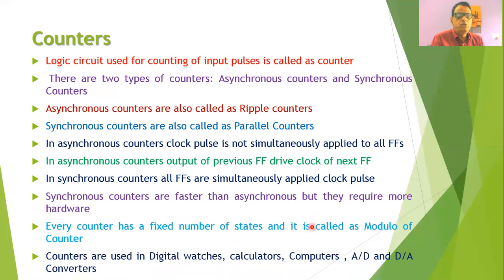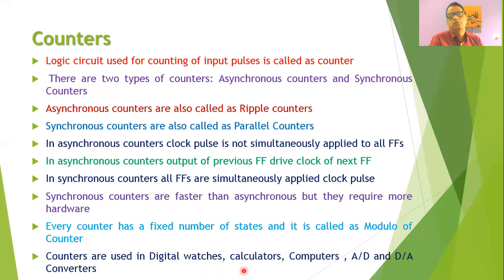Counters are very useful circuits because they are used in many digital circuits. For example, in digital watches, there is a clock generator which generates a clock pulse every 1 second. Whenever 60 such clock pulses are counted, it equals 1 minute. And when 60 minute pulses are generated, it equals 1 hour. So digital watches basically consist of counters. Also, counters are used in calculators and in computers.